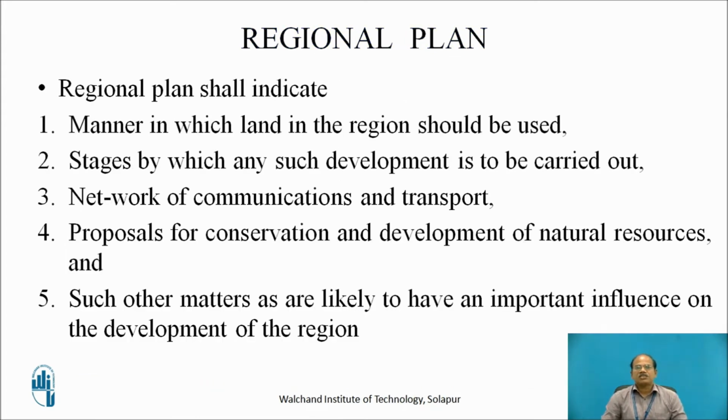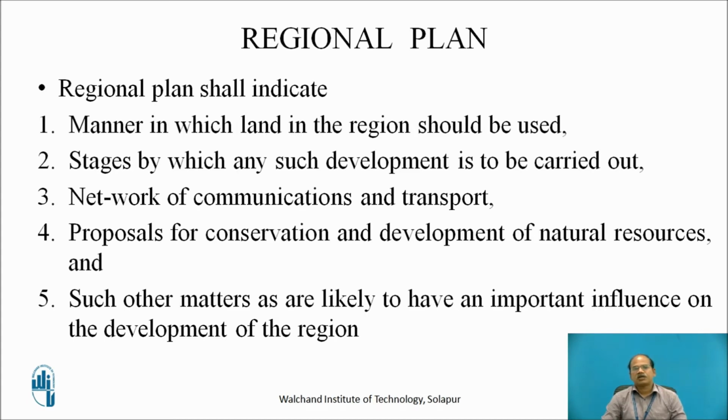The regional plan shall indicate the manner in which land in the region should be used. It also indicates stages by which any such development is to be carried out. It shows the network of communication and transport.